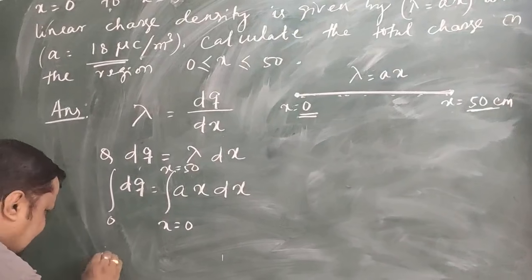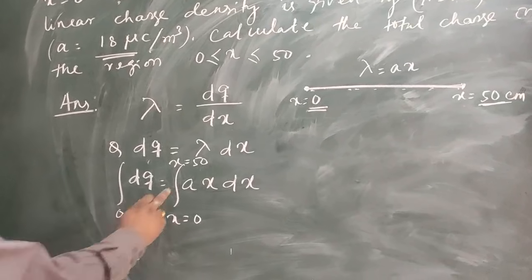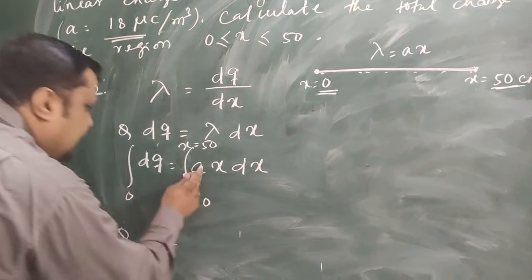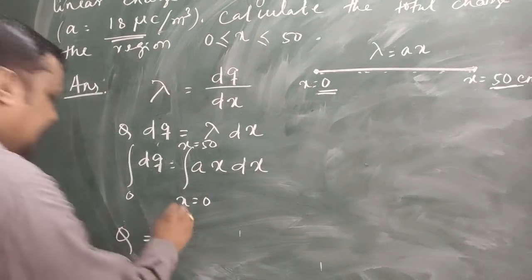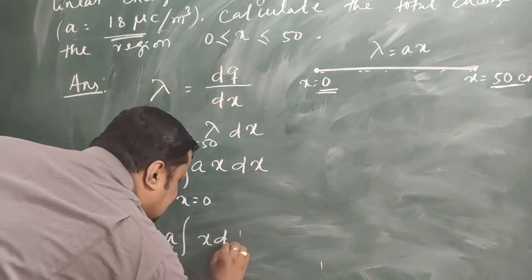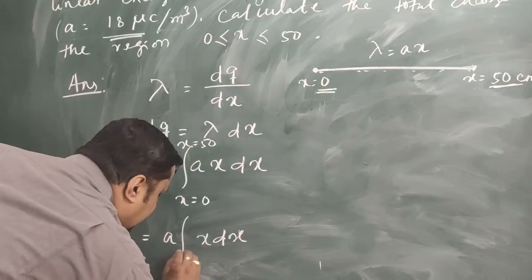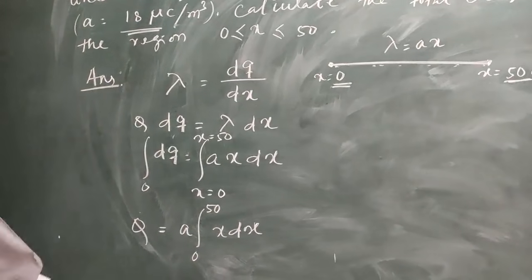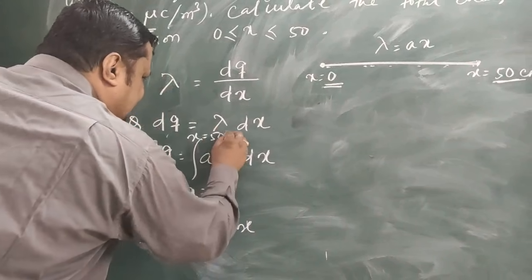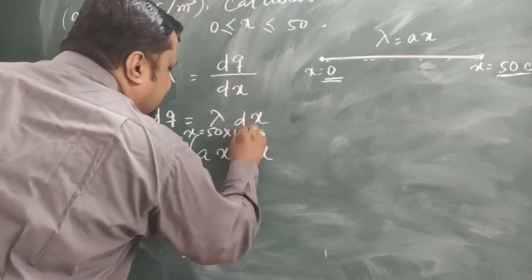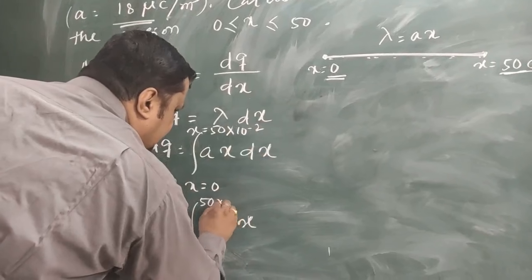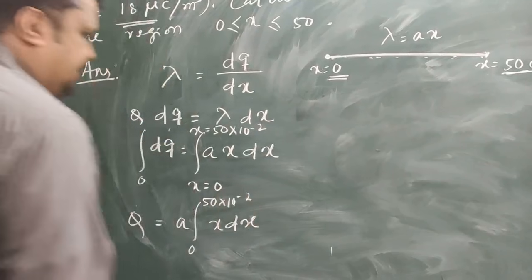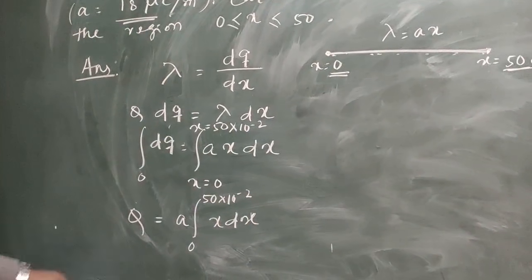So q is equal to a, which is constant, outside the integration, times the integration of x dx with limits 0 to 50 cm. You can make this 50 times 10 to the power minus 2 meter, because I will take this in SI units, meters.